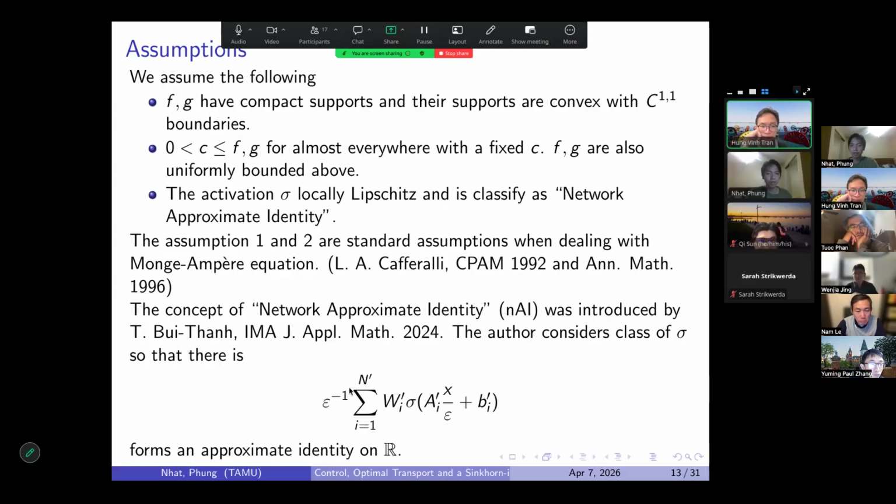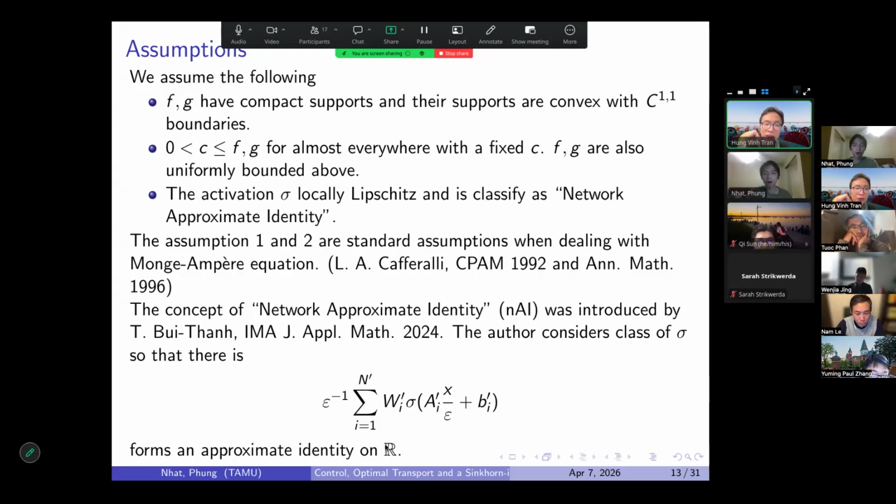One thing we see here is that we can make an approximate identity using a finite sum with the activation function, and this is the structure of a single layer neural network.